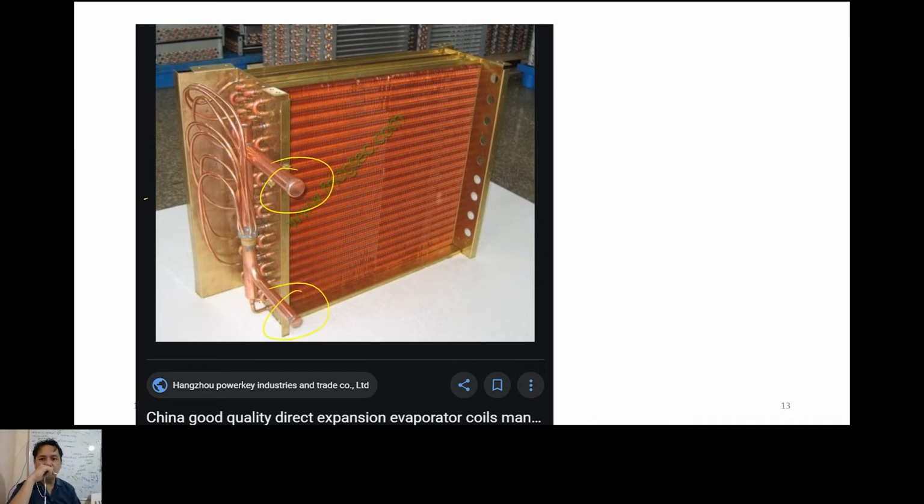We would say that this is the suction and this is the discharge. Why? You can see from the diameter. Always, remember class, always the diameter of the suction is big compared to the discharge.